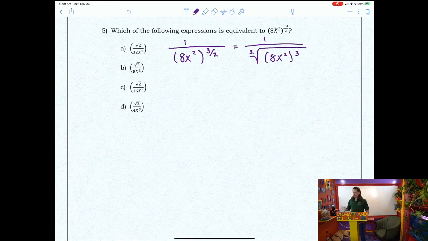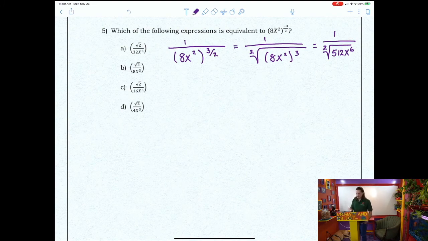8 to the third power is 512. So this is going to turn into 1 over the square root of 512 x to the 6th power, because we have a power of a power. So we'd multiply the 2 and the 3 together to get the exponent of x. We're raising 8 to the third power to get 512.